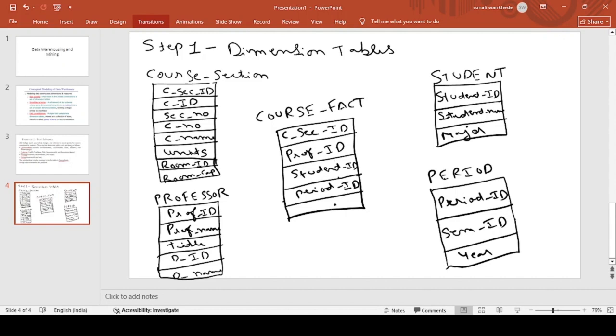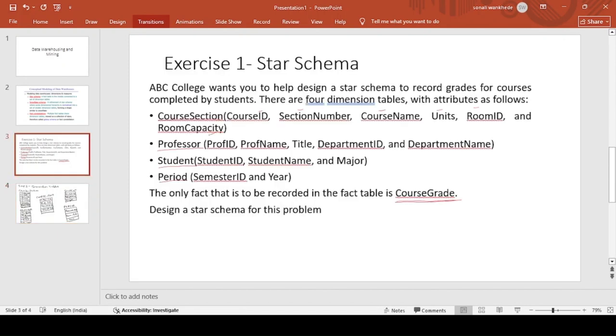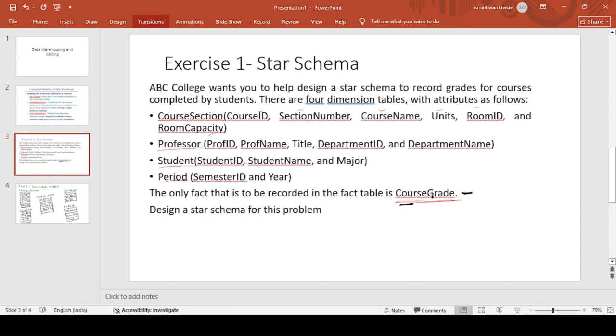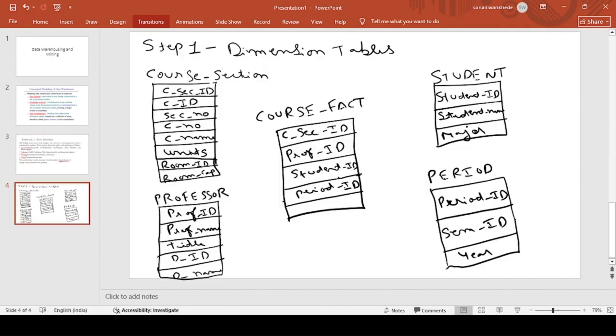Now one more important thing which I'm missing out, I have to list that also. What is that value here? This one, the measure, which is the course grade. Course grade is the measure which is given and which I have to show in the fact table.